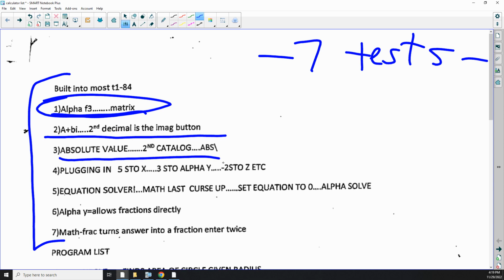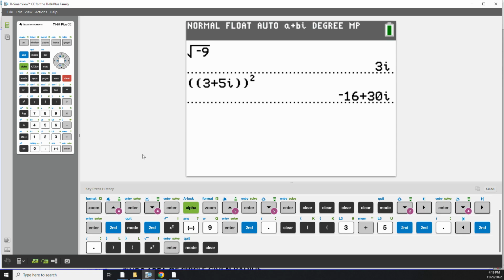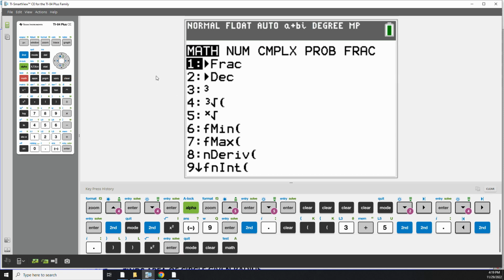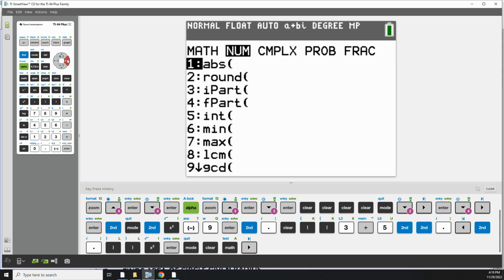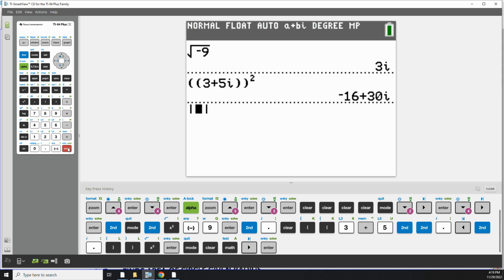Absolute value never takes a day off. Y'all know where to find it. Math. Math is right under alpha. Slide over to number and look at abs. The sticks are open, and you can put just about anything in there. Usually ACT does double stickies.